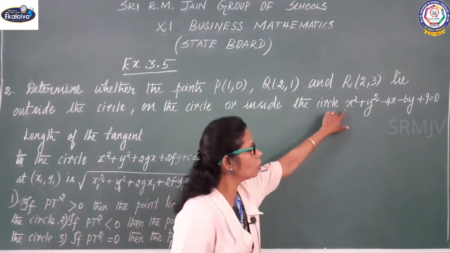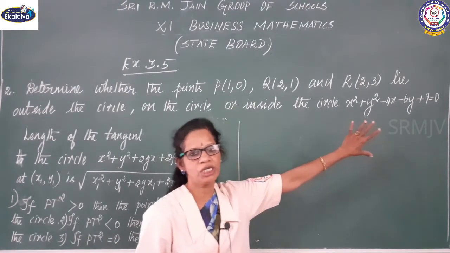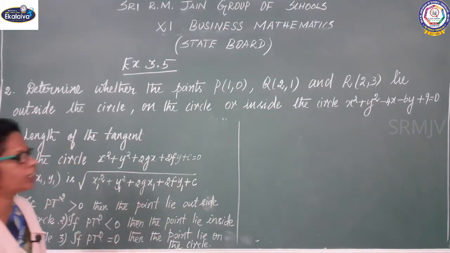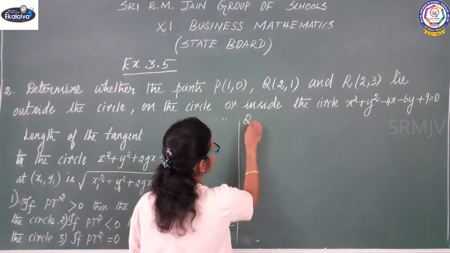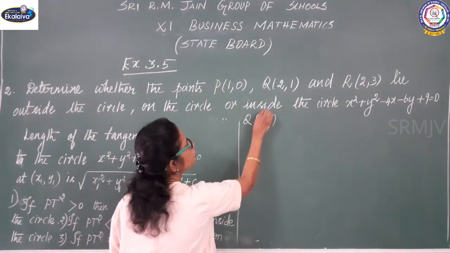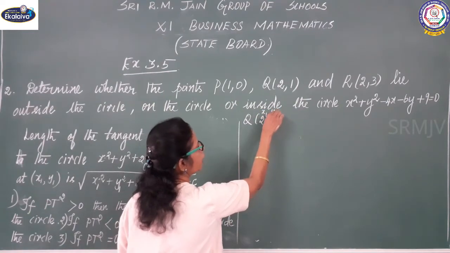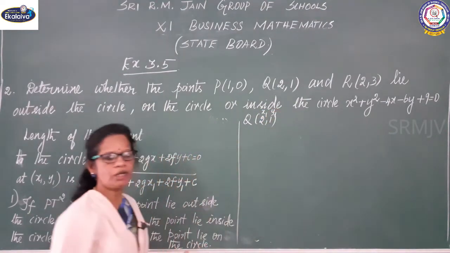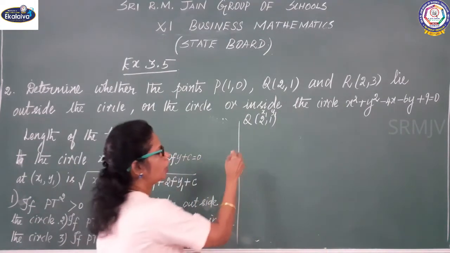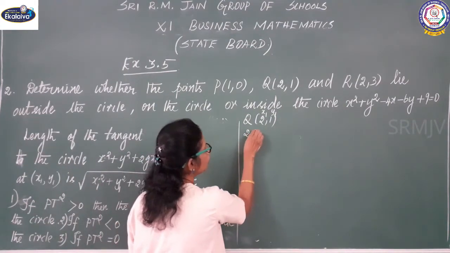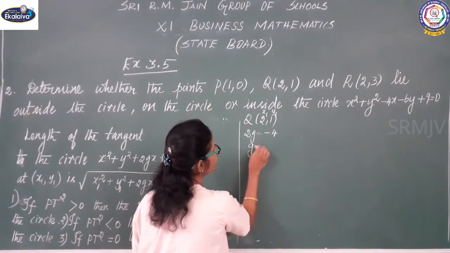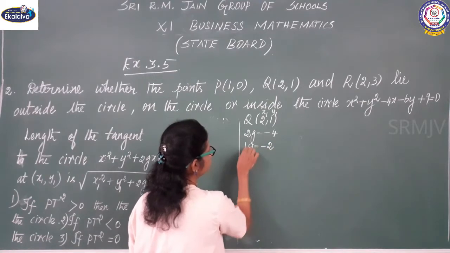Using the given equation, you know the values of g and f, that you substitute in the format. From the given equation, we can get the values of g, f and c. Now 2g equal to minus 4, g is equal to minus 2.